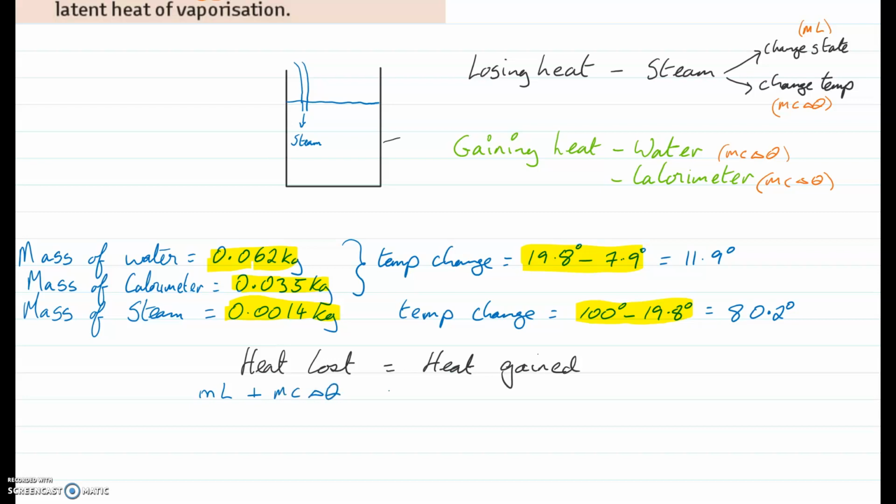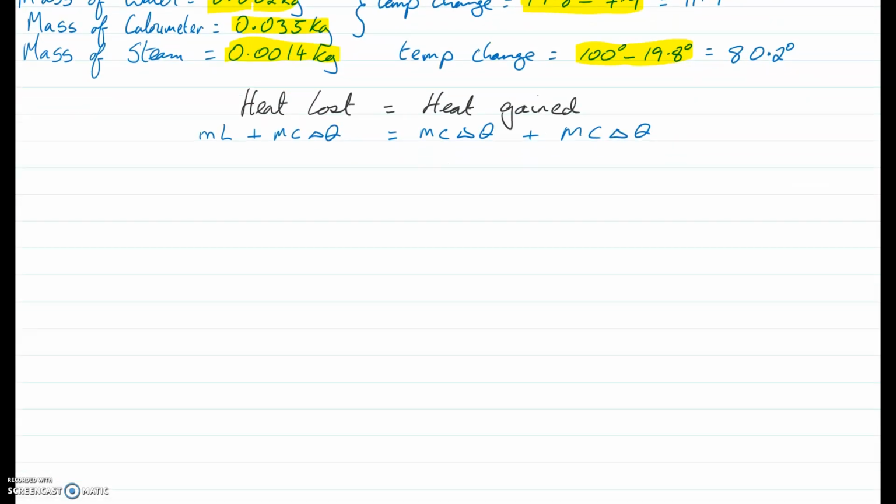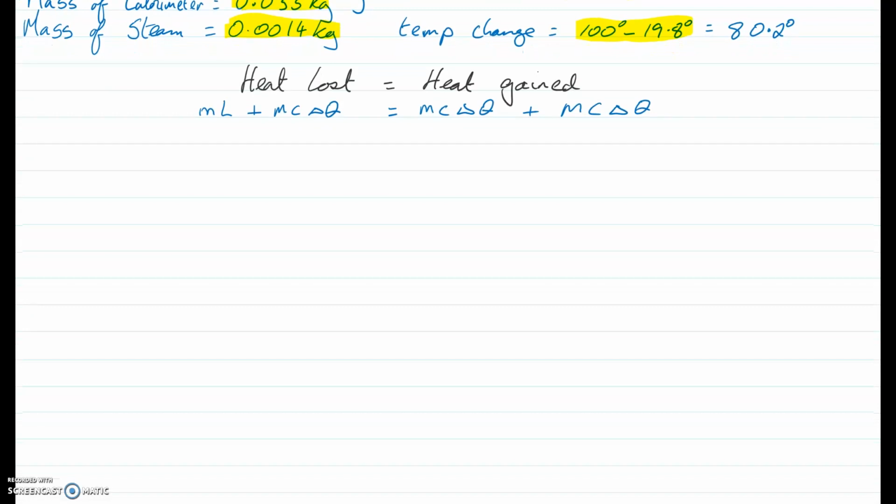Okay. What's gaining heat? The calorimeter. The water, mc delta theta, and the calorimeter, mc delta theta. Now, lots of places will put little subscripts in here, and they will put subscripts in to show you that you are talking about steam over here.